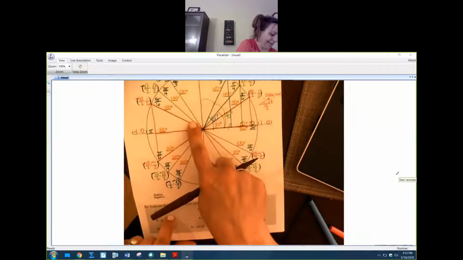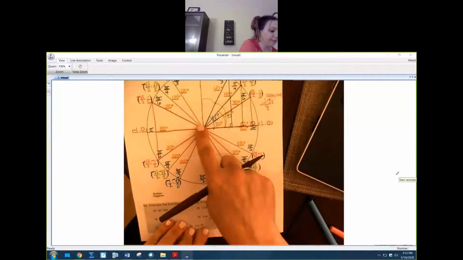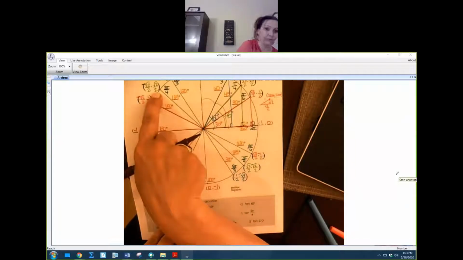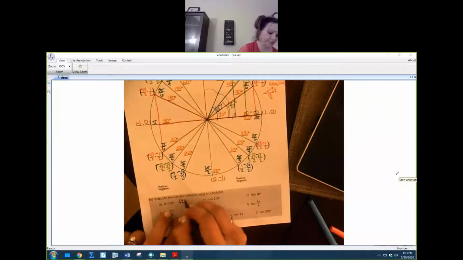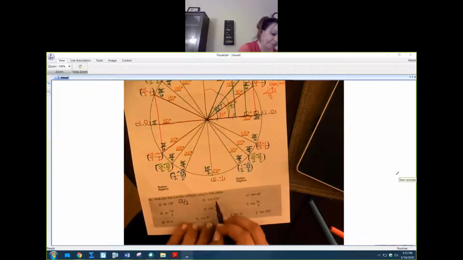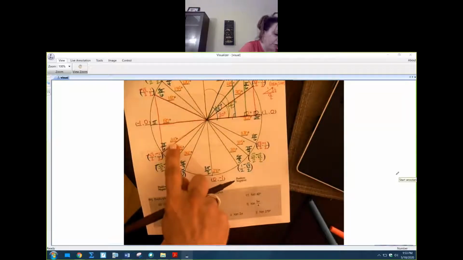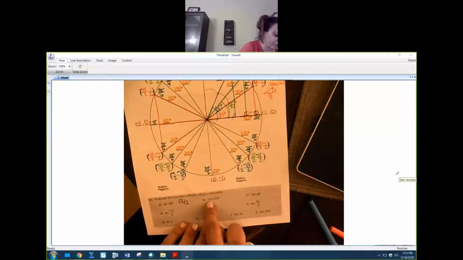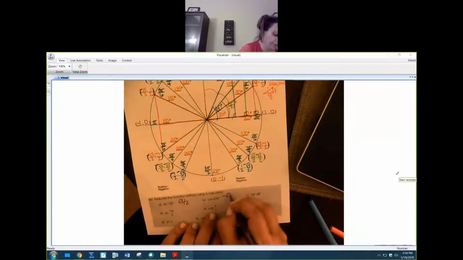For the sine, I'm going to look at the y coordinate, which is root 2 over 2. So the sine of 135 is root 2 over 2. That's it. What about cosine of 210? We look for 210 on the unit circle, and for the cosine we look for the x coordinate. At 210, our x coordinate was negative root 3 over 2.